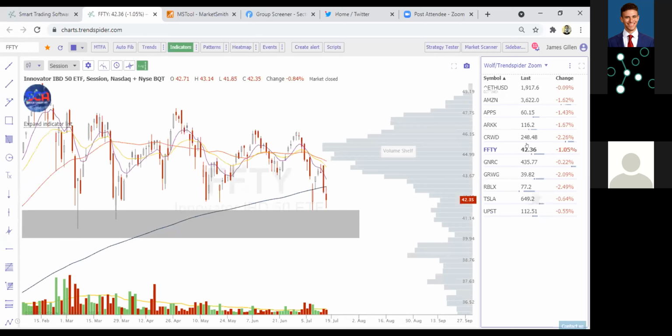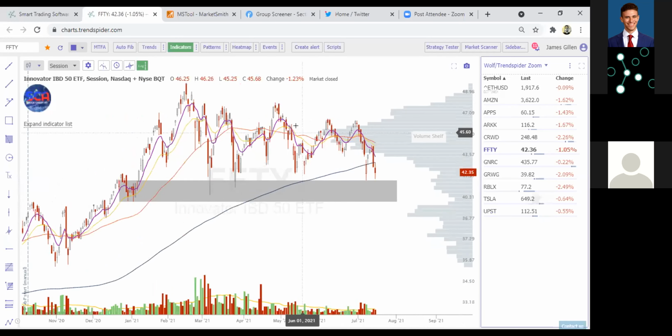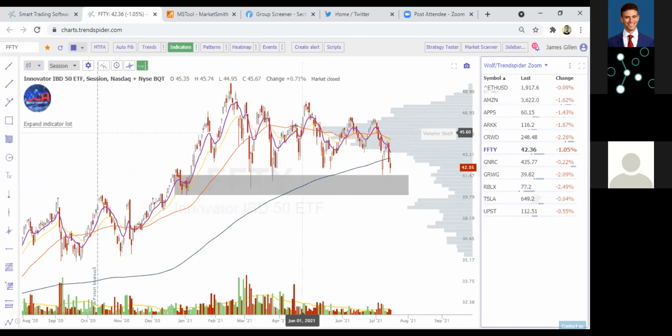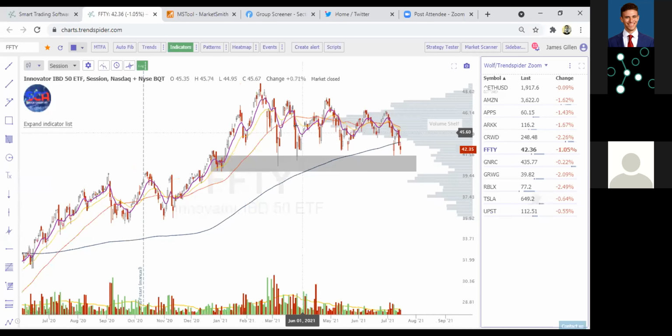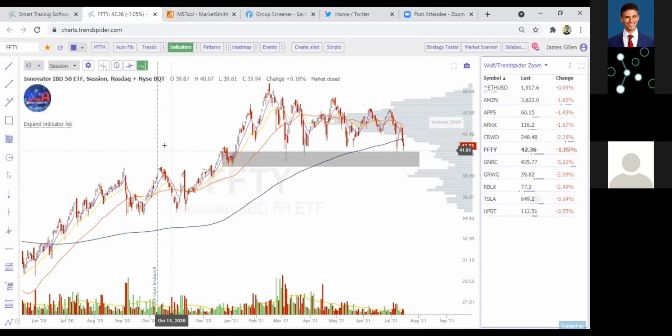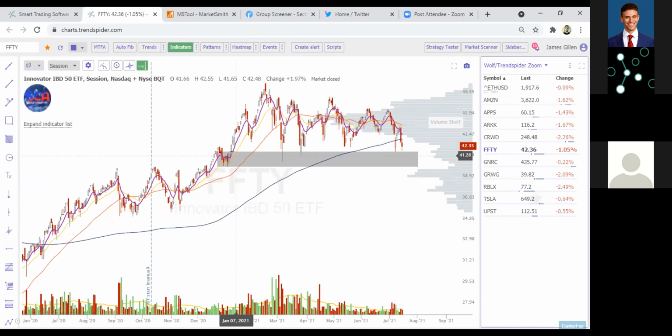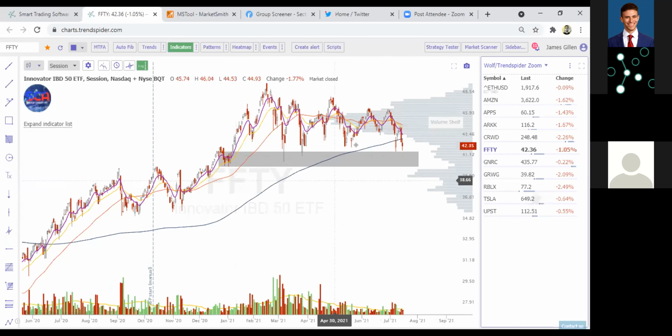And just to give everyone my general overview of the market right now. FFTY, the Innovator IBD 50 ETF, tracks the IBD 50, and this is always an ETF that I keep an eye on as it correlates to a lot of the growth stocks that I trade, and also ARKK, Kathy Wood's ETF.